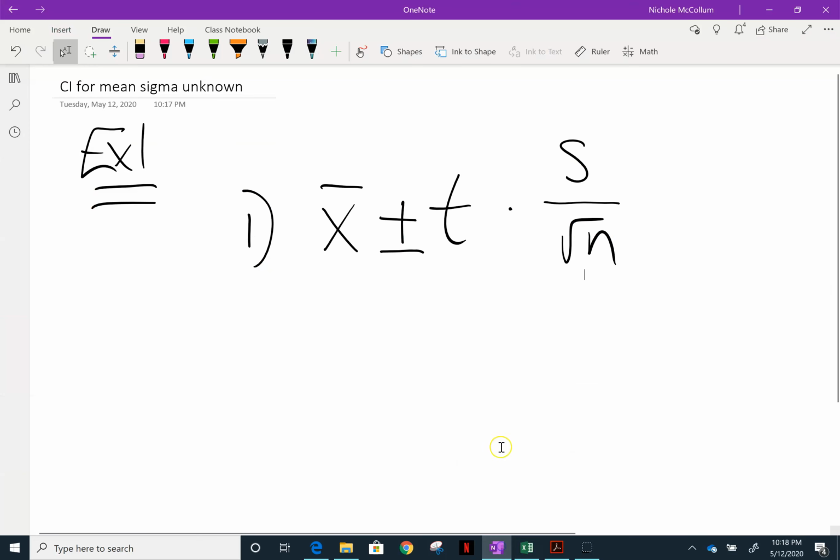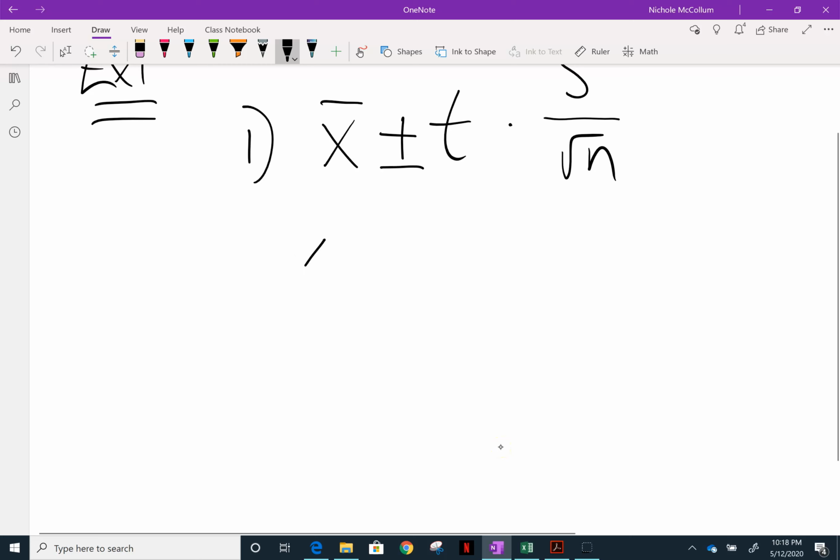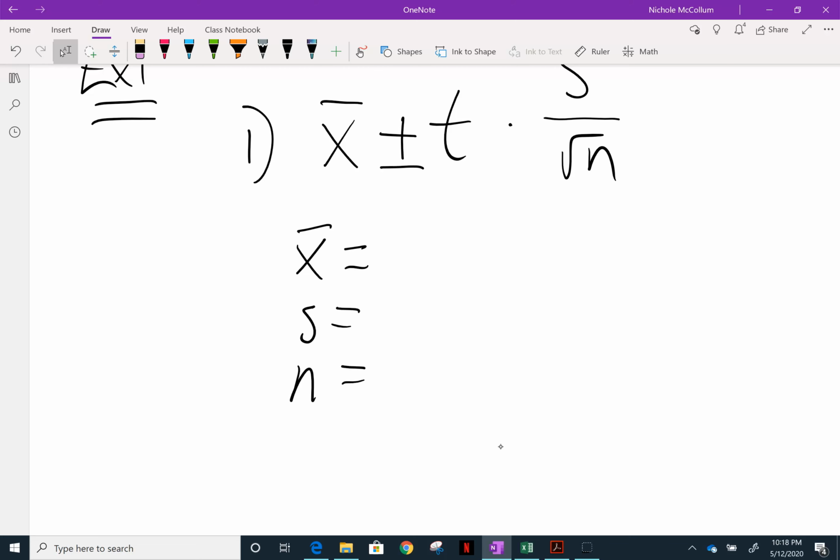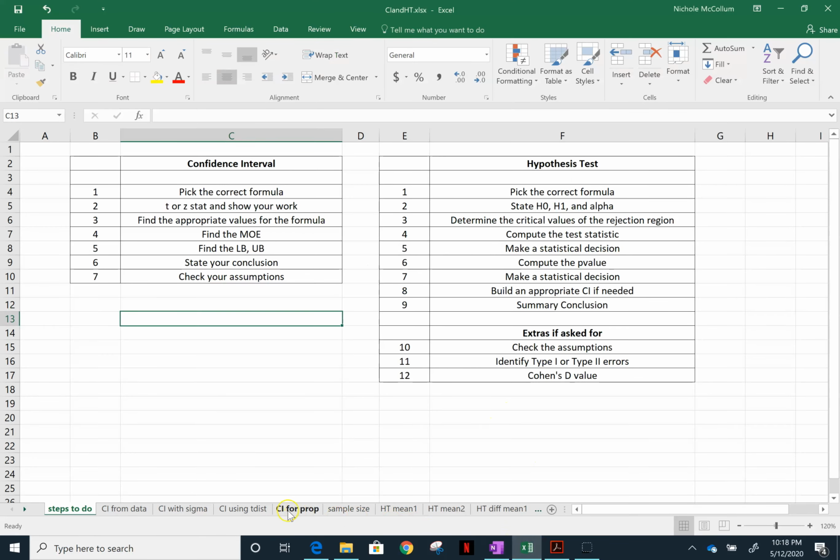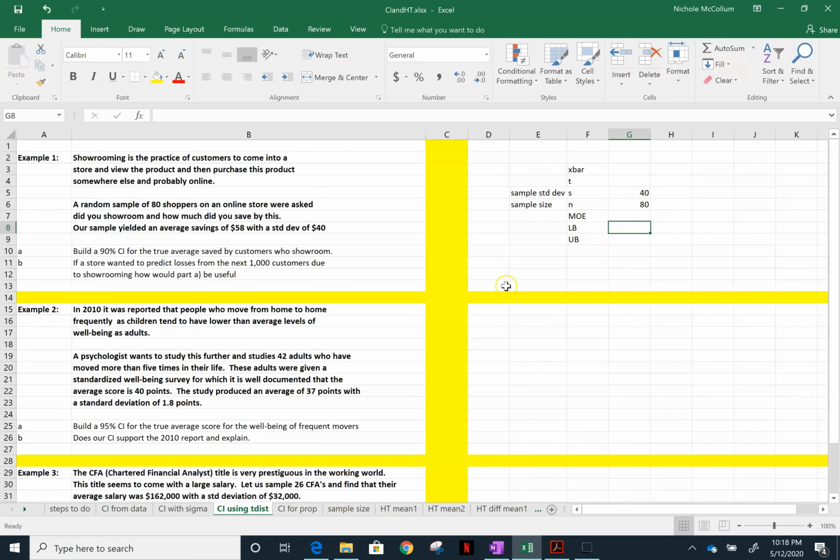Find all the appropriate values. Okay, we can do that. First thing I would find is X bar, S, and N. Now, if I was collecting live data, this would come from a descriptive box. I would find the average, the standard deviation, and the count from my descriptive box. Because this is just a question I made up, we're getting it from the story. That is a random sample.